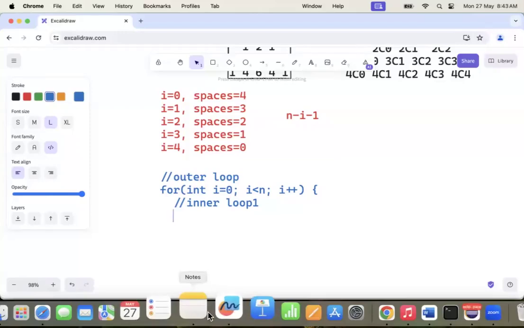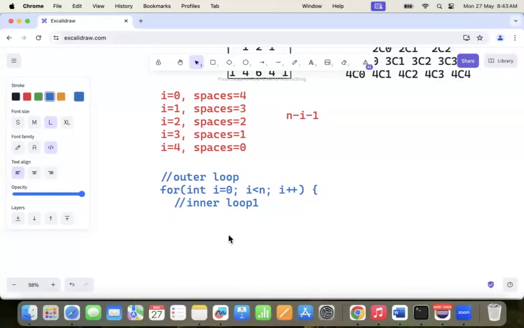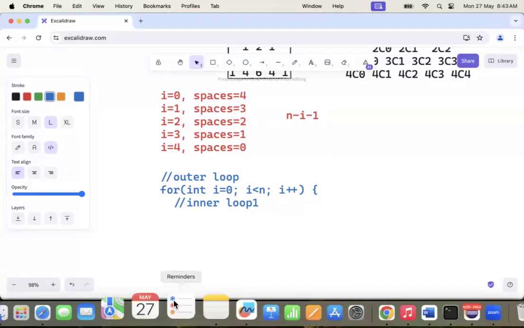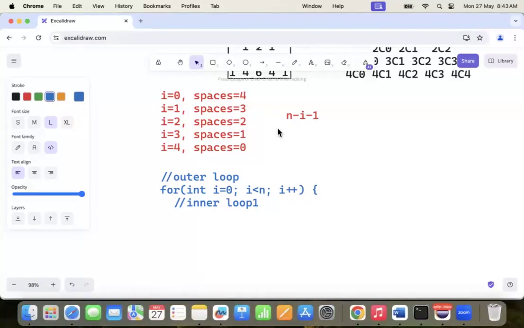Folks, am I clear? Yes, everyone? Adarsha, am I clear? Aksha, am I clear? Bhagesh, Harika, am I clear? Nitish, Rajalakshmi, am I clear?